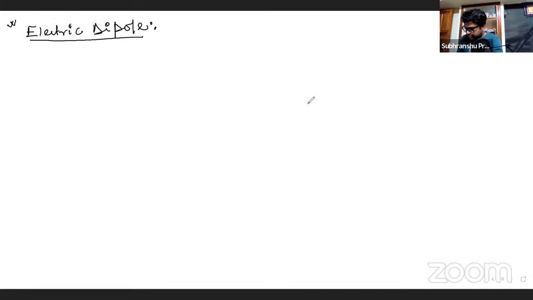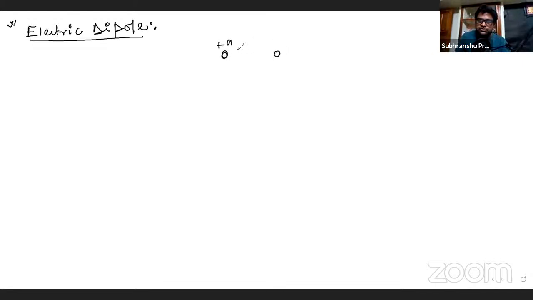One positive and one negative charge will make a dipole.